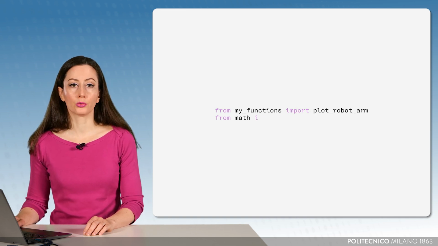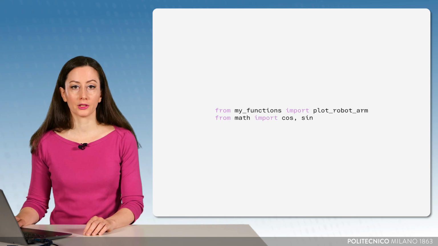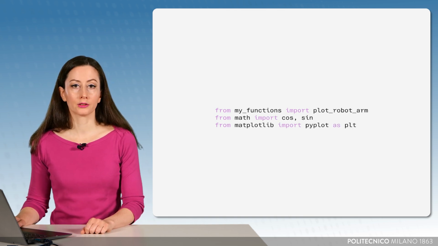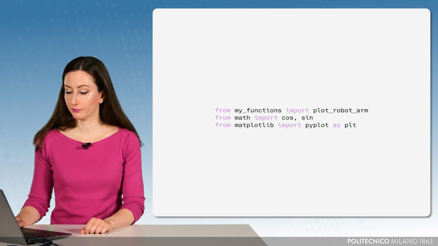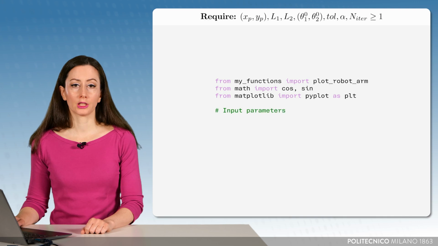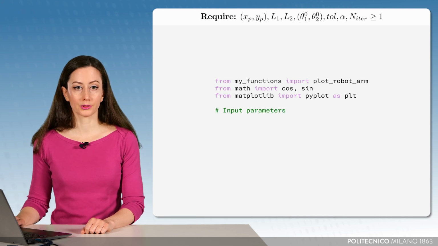Next, we also want to import the sine and cosine mathematical functions in a similar way, and the pyplot library that we use for the graphics. Now, to translate our pseudocode in Python, we start by defining our input parameters.